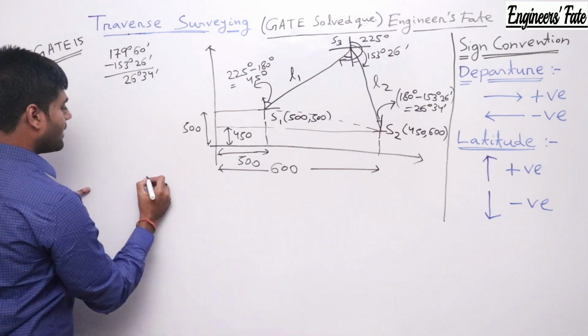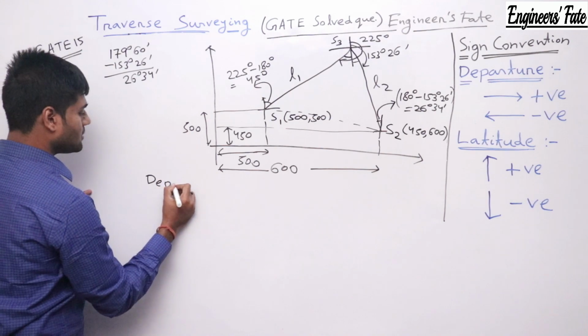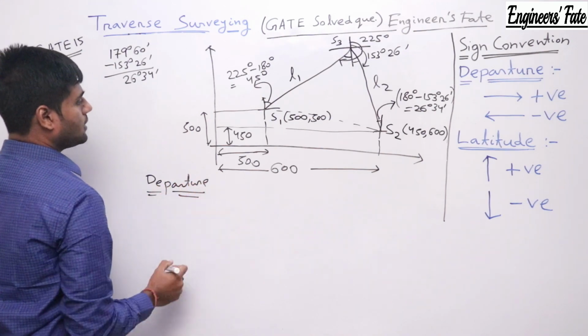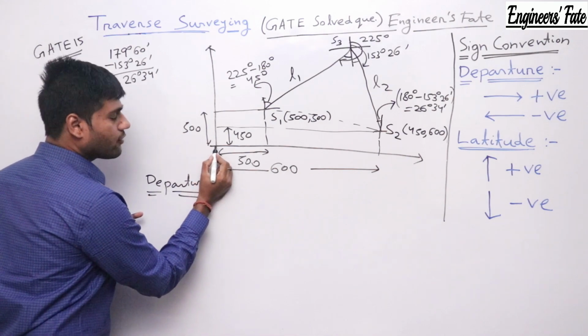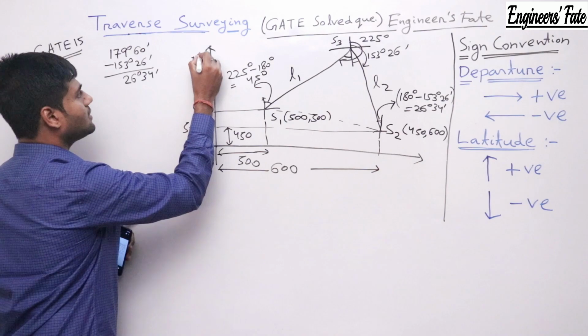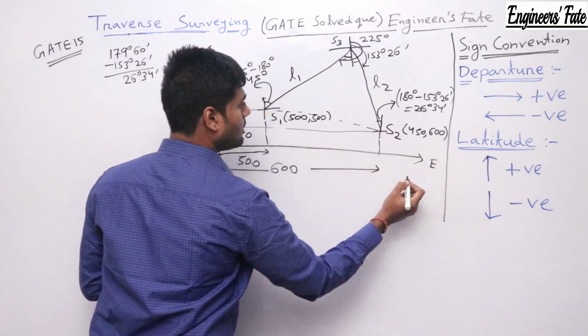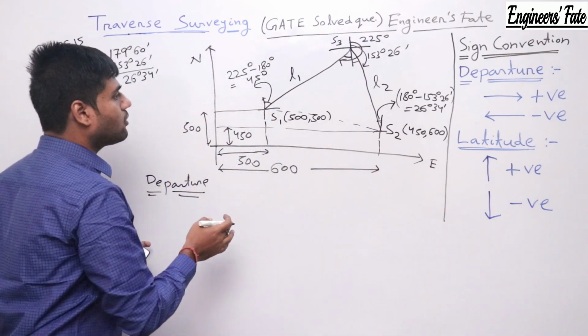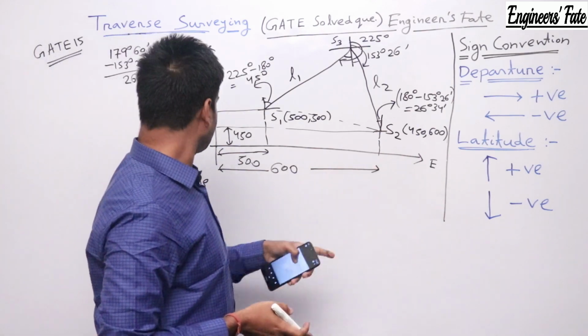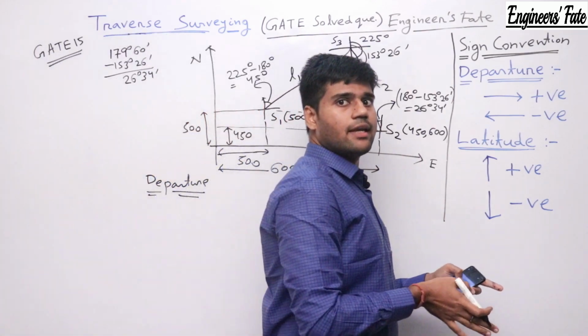So now I will write the equation of departure. Again I start from the origin. This is north and this is east. Departure means I have to reach till this station S2, so I will travel towards east only.